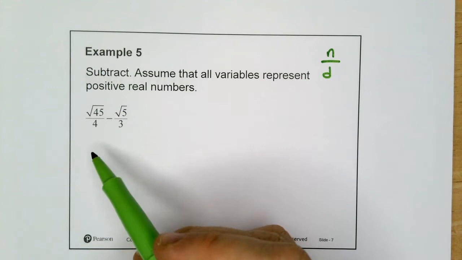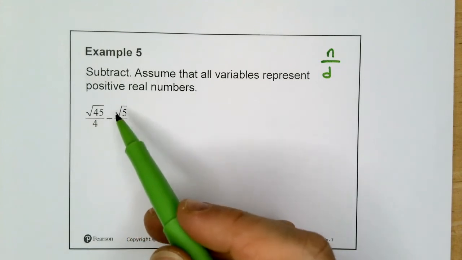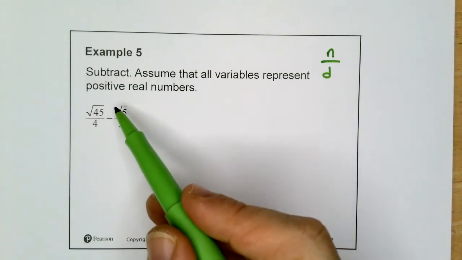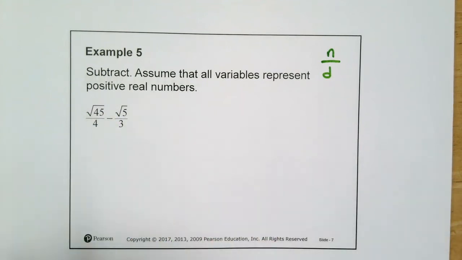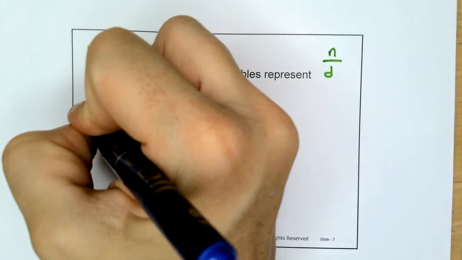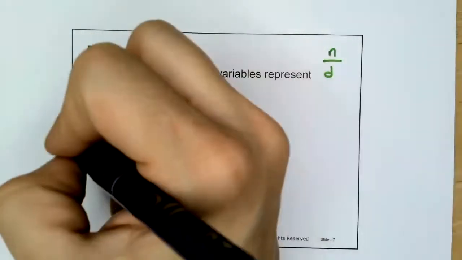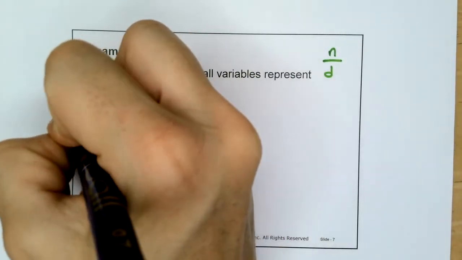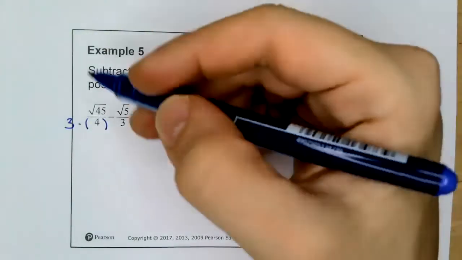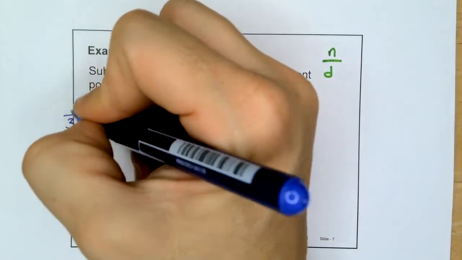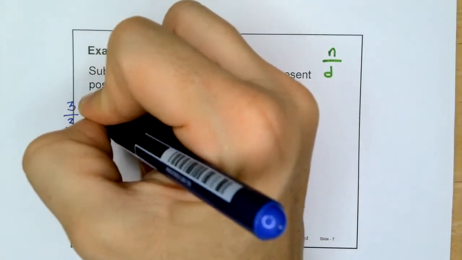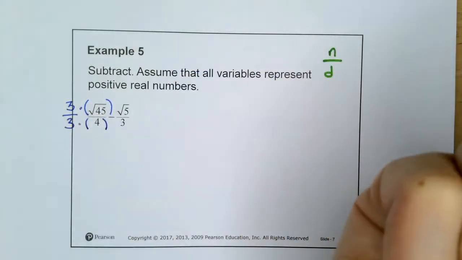Okay, so what we need to do is change the 4 to a 12 and change the 3 to a 12 without changing the value of either fraction. The way we do that is we multiply them each by each other. Does that make sense? So if I take 4 and I multiply it by 3, I will get 12, right? And if I want this to stay the same amount, I have to multiply the top and the bottom by that same number, right?